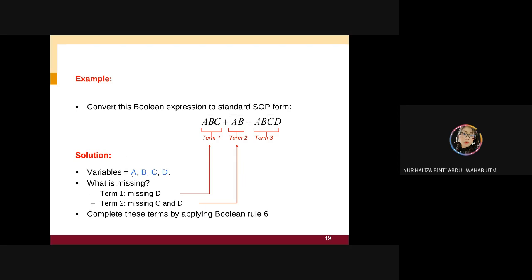You have variables A, B, C, and D. What is missing? For term 1, you miss the D. For term 2, you miss C and D. For term 3, it is complete.